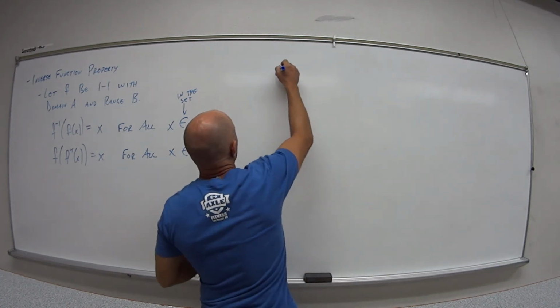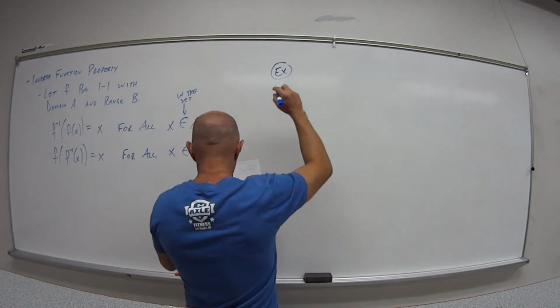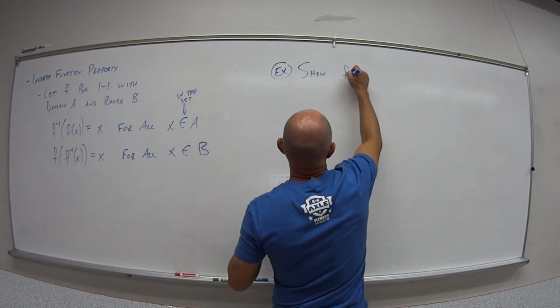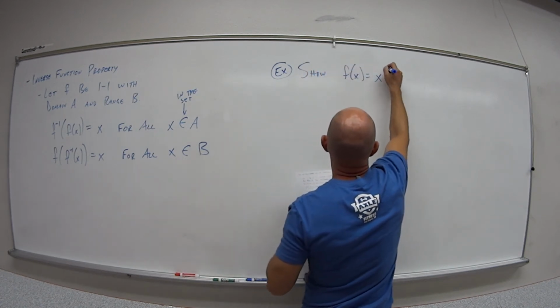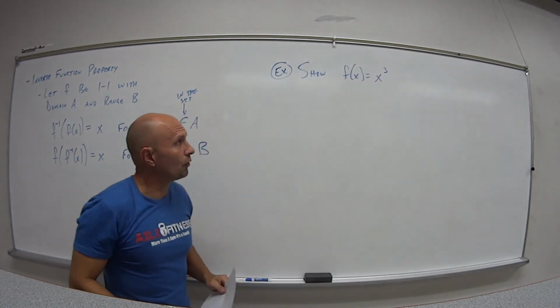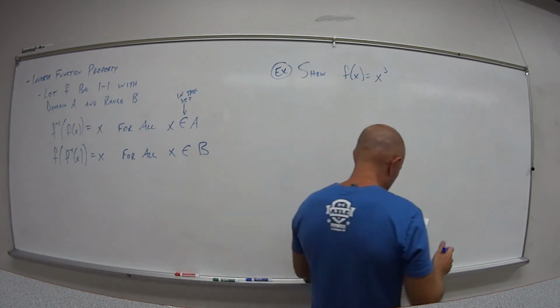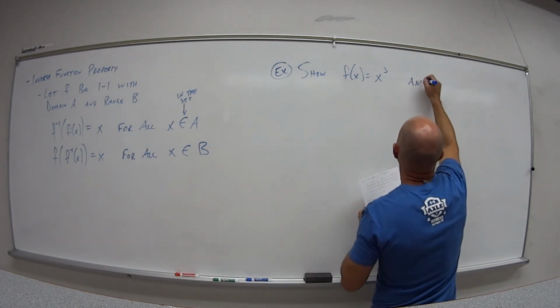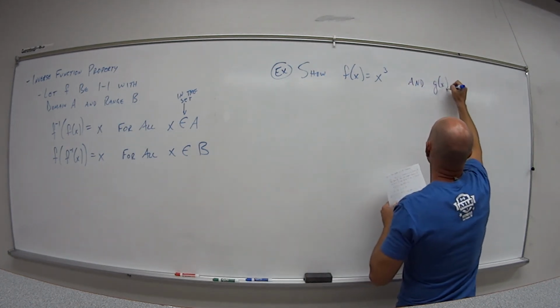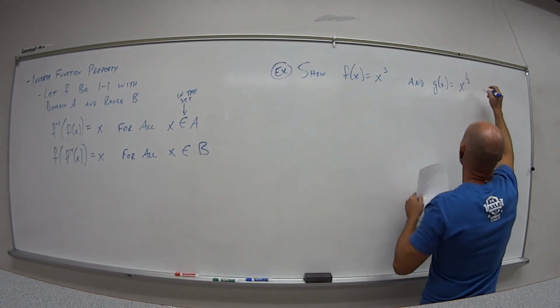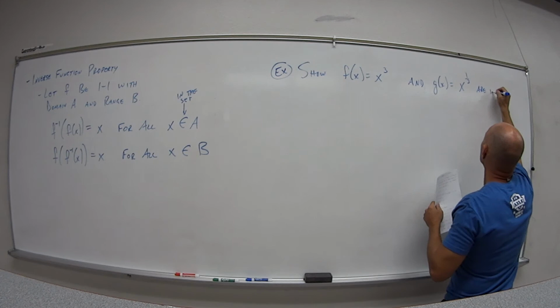So let's look at an example of how this would apply. We want to show that f of x equals x to the third, which we've just shown was a one-to-one function, and g of x equals x to the 1/3 power are inverses of each other.